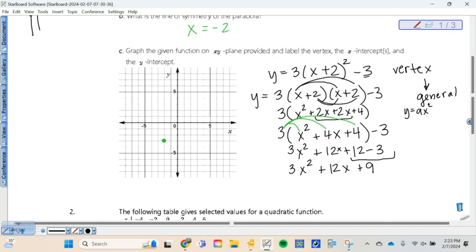What do I know from general form? Can you guys see with that thing there? What do I know from general form? Not your x-intercepts. The y-intercept. What is the y-intercept?